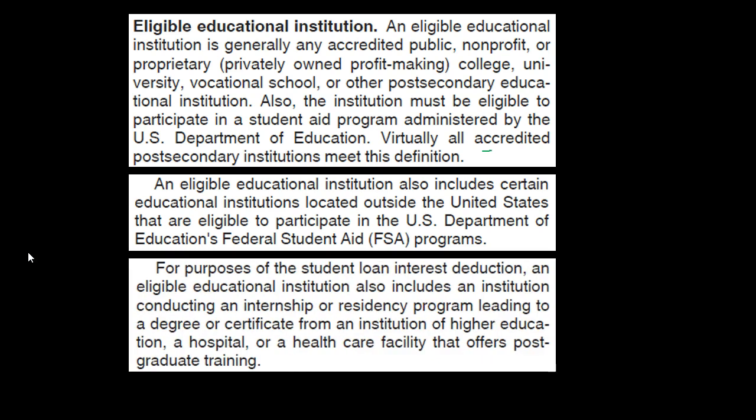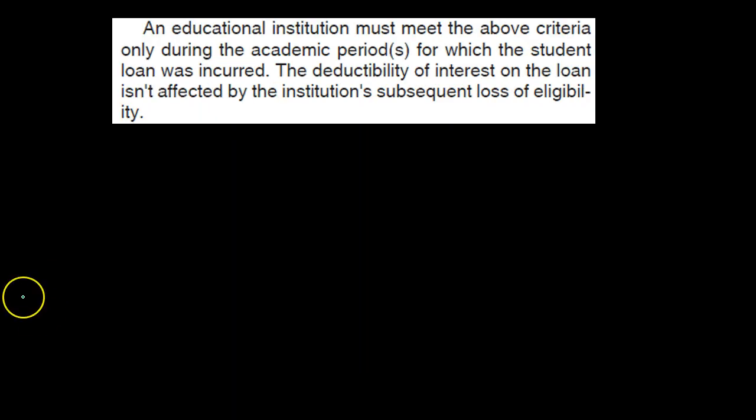For the purposes of the student loan interest deduction, an eligible educational institution also includes an institution conducting an internship or residency program leading to a degree or certificate from an institution of higher education, a hospital, or a health care facility that offers postgraduate training. An educational institution must meet the above criteria only during the academic periods for which the student loan was incurred. The deductibility of interest on the loan isn't affected by the institution's subsequent loss of eligibility.